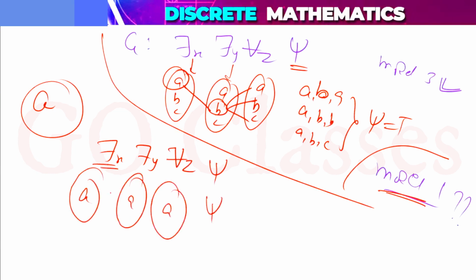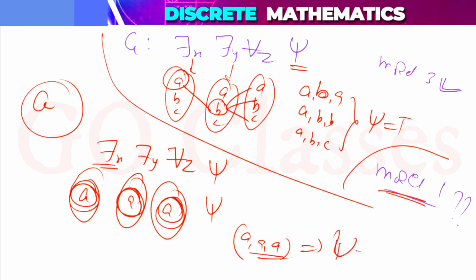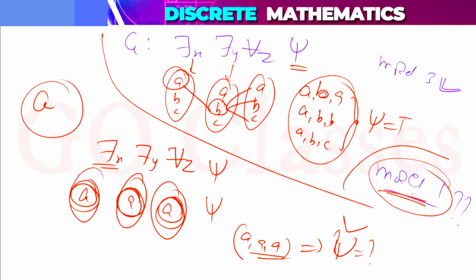For this A, is psi true or not? This psi is not guaranteed to be true, because you can see this psi can be false also. That is the reason we cannot guarantee a model of size 1.